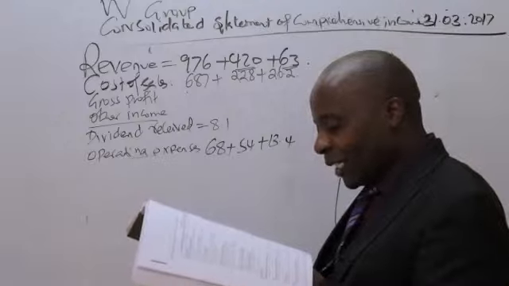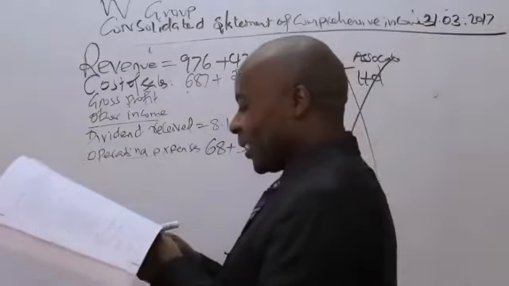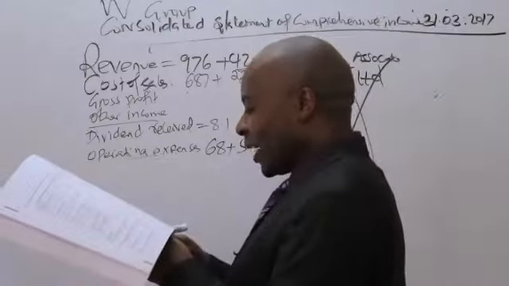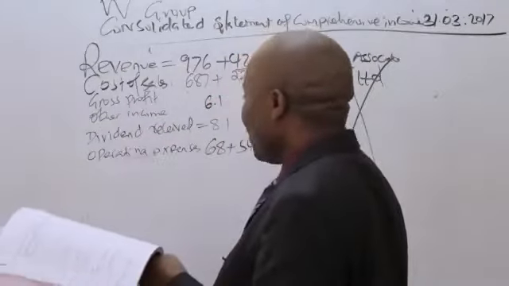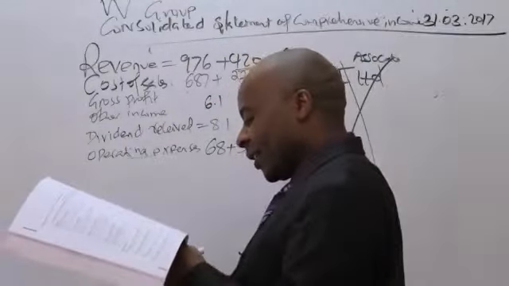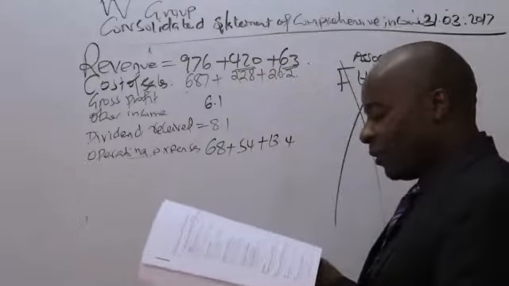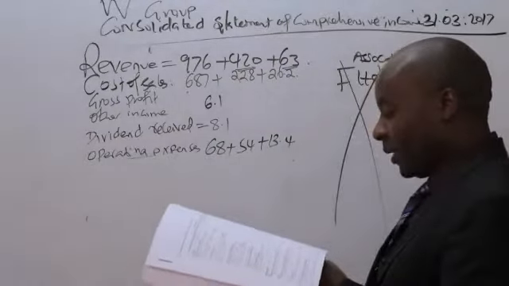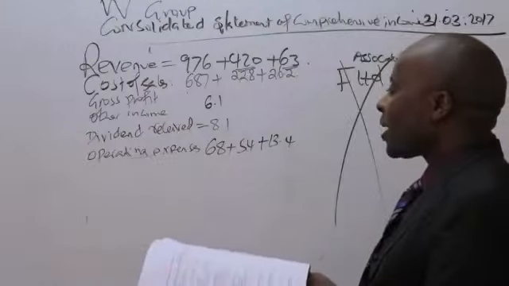And then we have dividend received, 8.1. Right? So I'm being told that the other income is 6.1, and then we have dividend received 8.1. In most cases, the dividend received will fall under other income. Maybe typing error, but let's just go on with it. So we have operating expenses like that.